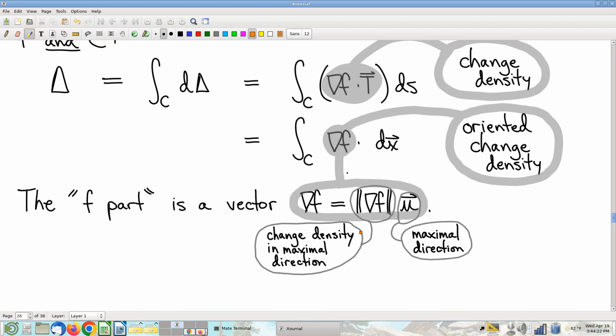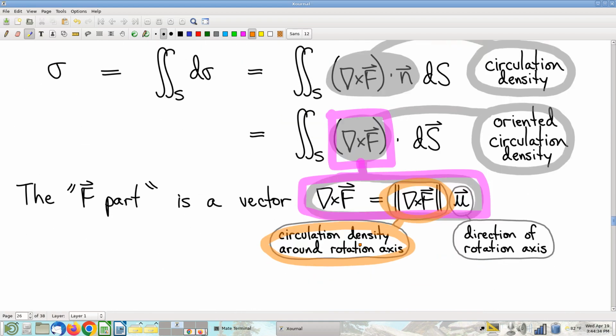In the same way that the magnitude of the gradient tells you how steep the mountain is, it doesn't tell you what direction that uphill is. So that's the job of the u vector here. This is telling you what is the direction in which that rotation is actually realized.